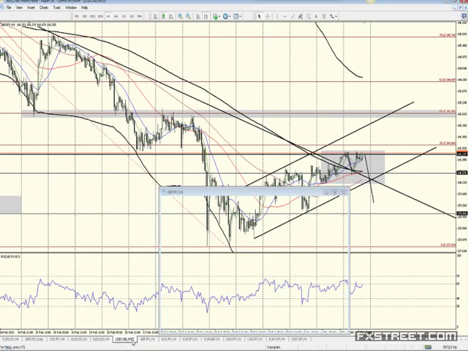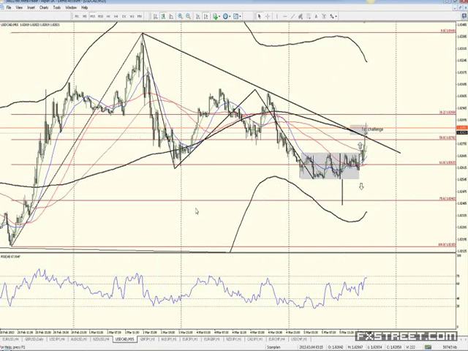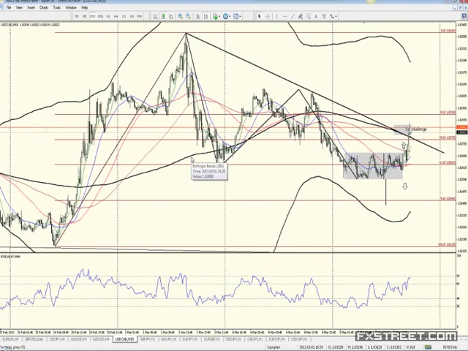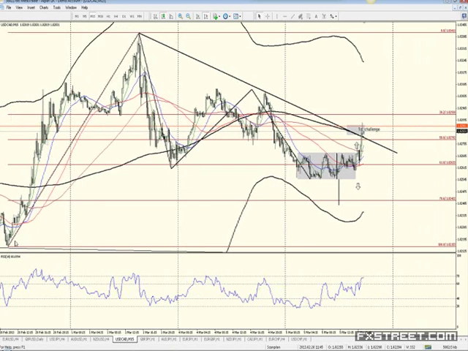Let's see what else. Okay, here we go. This is another trade I took. Oh, I should have been looking at this to manage it, but okay. So this is a combination of a couple of trading methods. One is what's called a Gartley. So what you have is a rally here, a bullish swing.